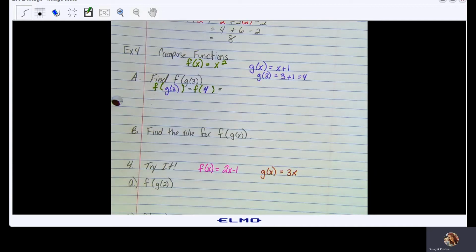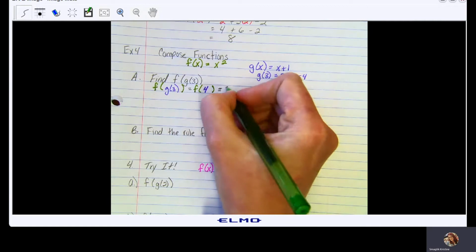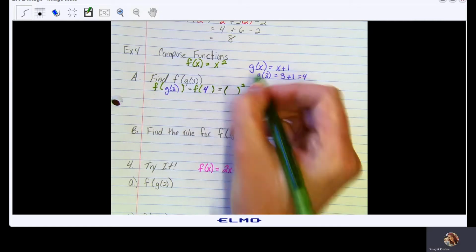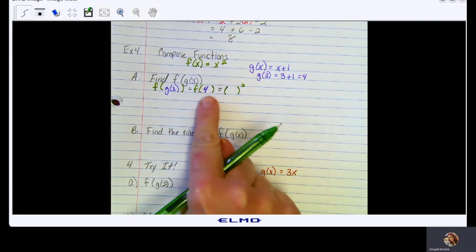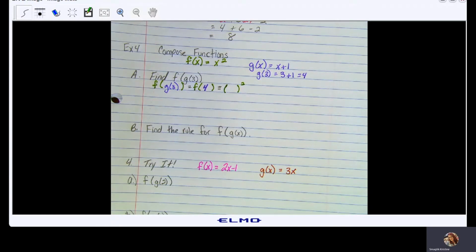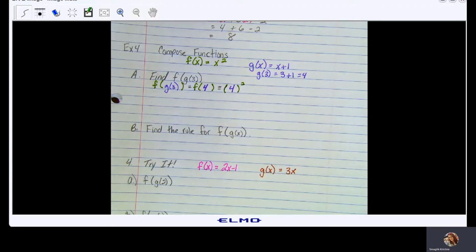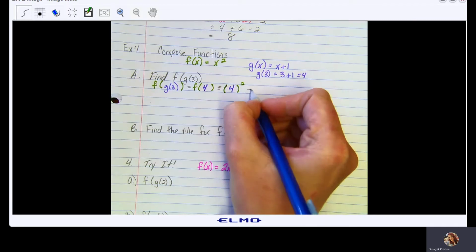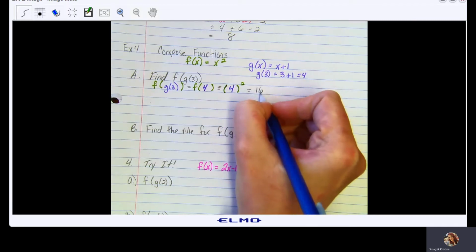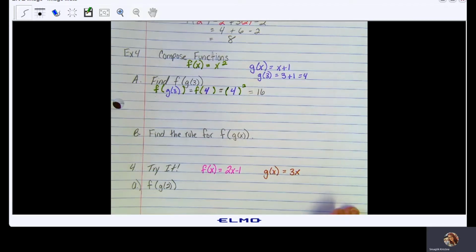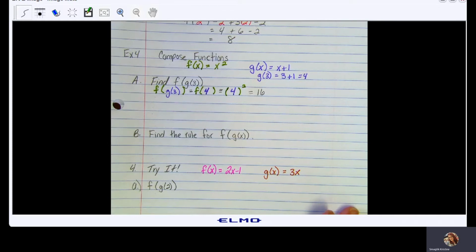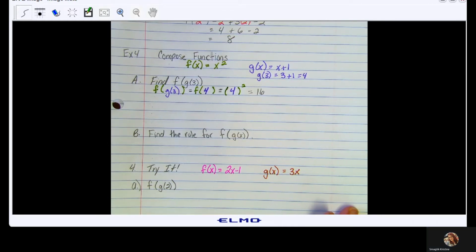So that now means wherever that x is, I'm going to put in that input of 4. So 4 squared is 16. 16 is my output. f of g of 3 equals 16.